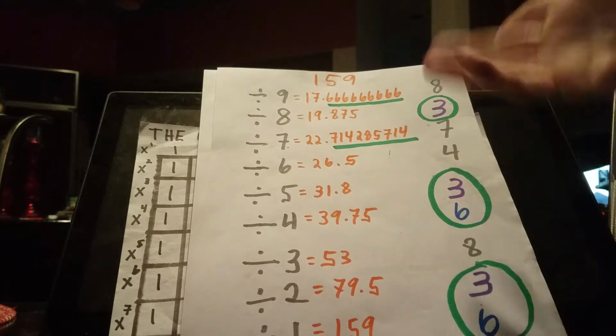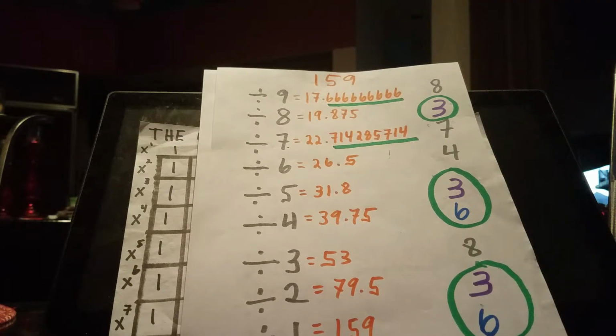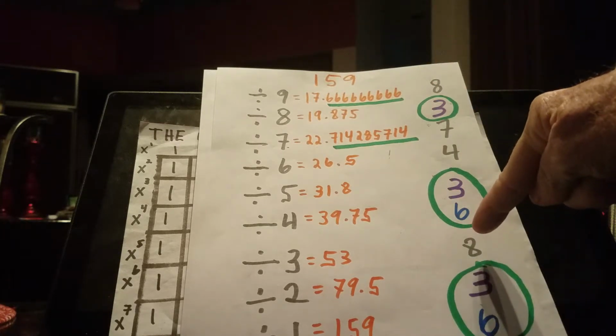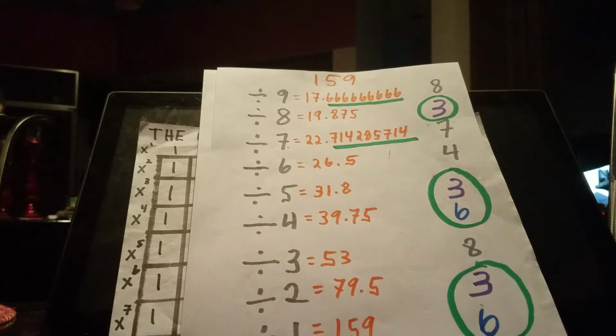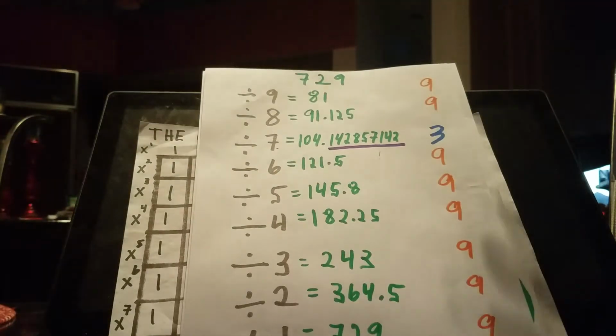You know, 3 and 6 is a 9, 3 and 6 is a 9. And we don't have the 741 code and we don't have the 258 code, but we just have what's left of them, because we have a couple of 8s and we have a 7 and a 4. So fading away and being taken over by something that looks more like 369. And that's the way I look at it, at least.